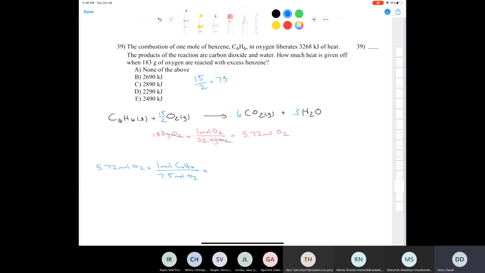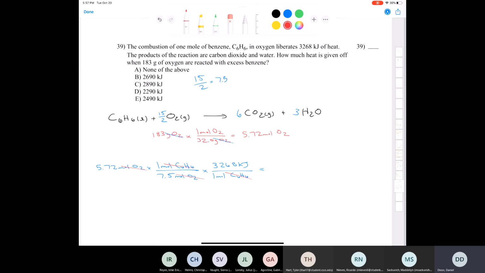And we know that when we burn 1 mole of benzene, C6H6, we liberate 3,268 kilojoules of heat. Looky, looky. Moles of benzene cancel, moles of oxygen cancel, and I'm left over with the amount of heat.